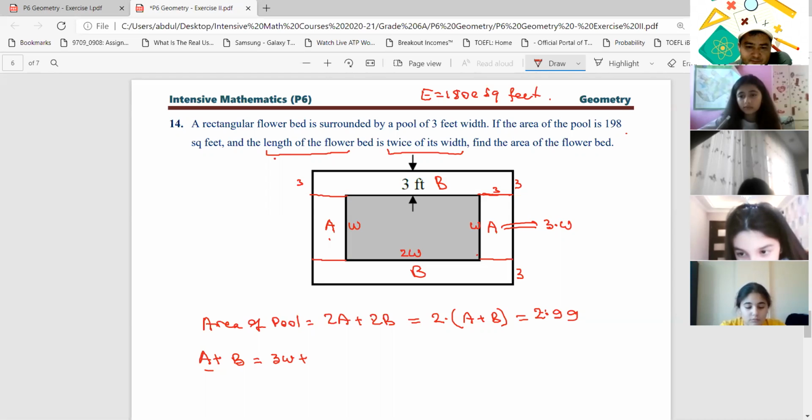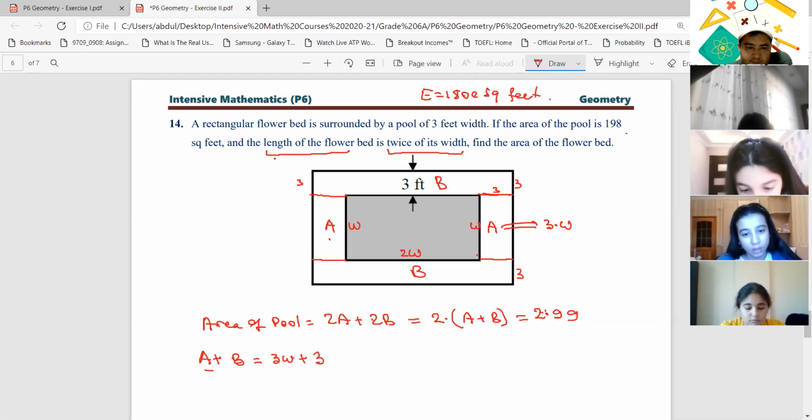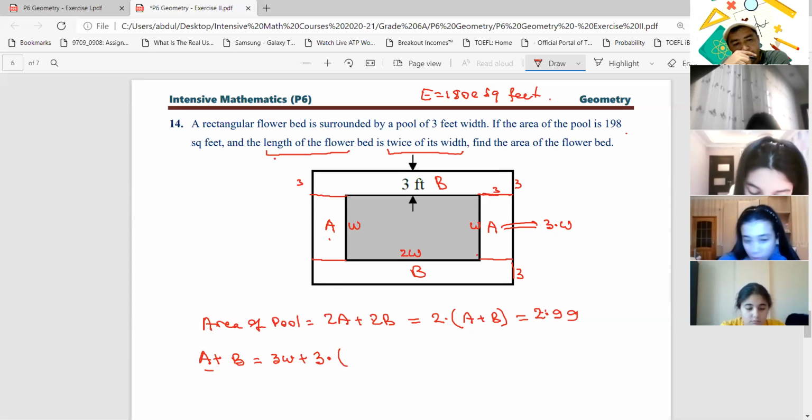B is, okay. It's 3 times 3 is width. How about the length? What is the length? 3 times width plus length. Yes. What is the length of rectangle B? We don't know. 5W. 5W, are you sure?